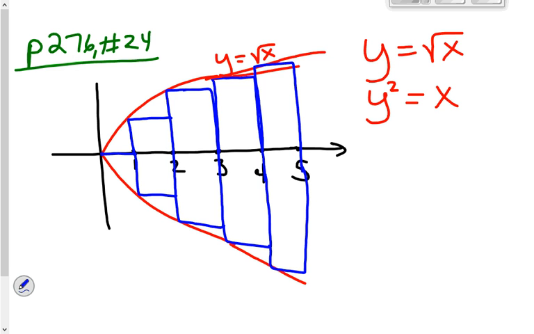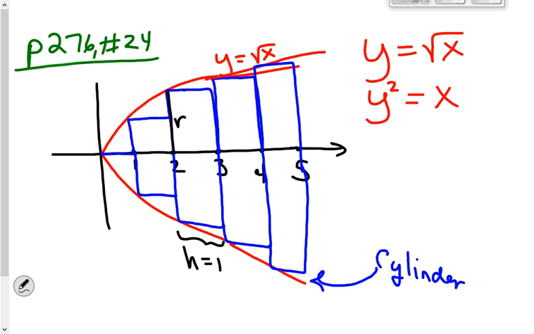Okay, so remember that each of these is a cylinder. Each of these cylinders is going to have a radius. Actually, I take that back. I'm going to make the radius go this way. Each of these cylinders has a radius, and each of these cylinders has a height that's equal to 1.